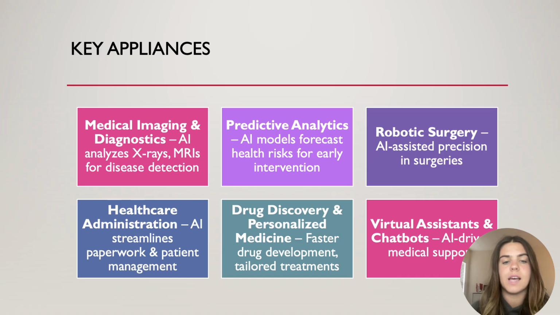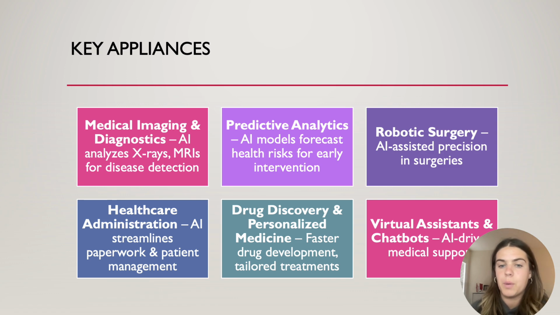My fourth one is healthcare administration. AI streamlines paperwork and patient management. So with everything going on in AI, this helps do a lot of some people's busy work, and analyzes everything so that it can be done faster. My fifth one is drug discovery and personalized medicine.